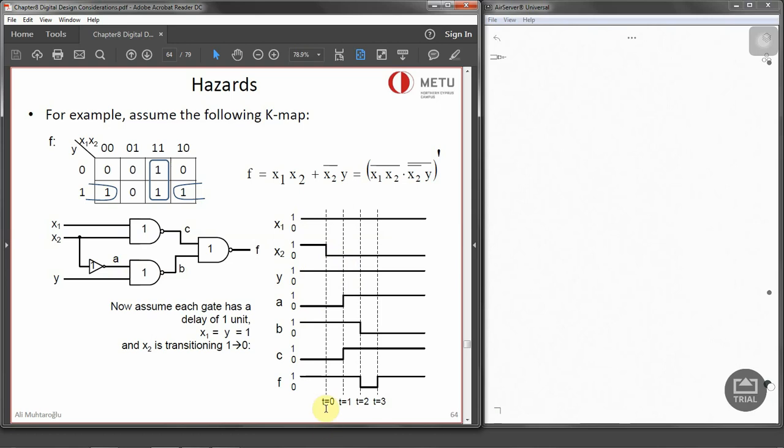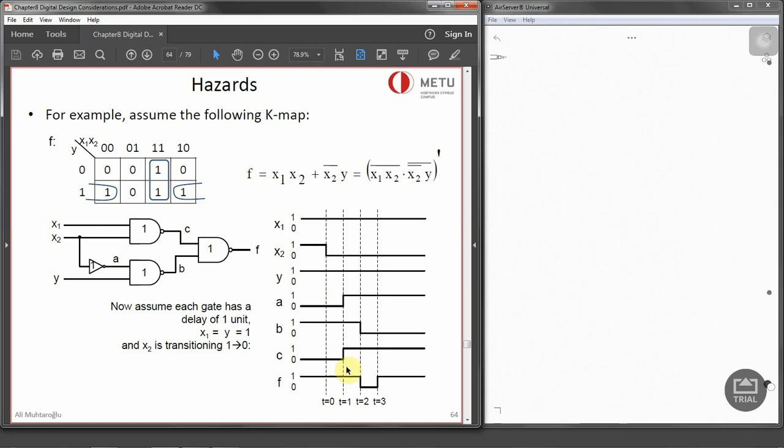Then after the first clock, or the first timing that we have got the delay, this is changing and we have got x2 to be 0. So 1 and 0, the NAND will give us what? It has to be 1. But now, as this is changing, and we need to wait 1 clock delay because of the NAND, we are going to see the change over here.